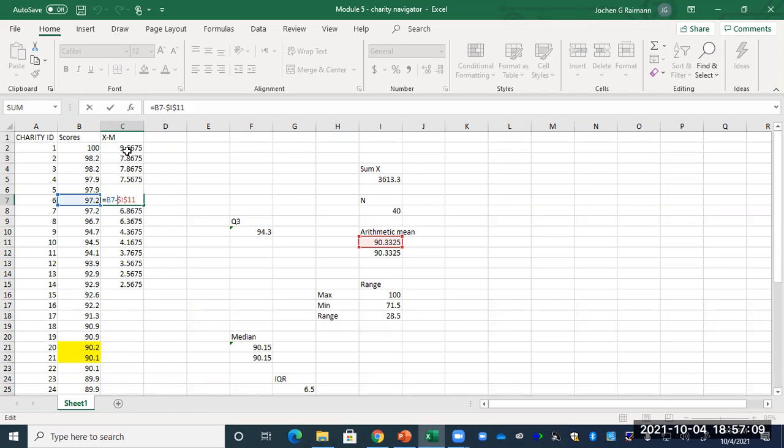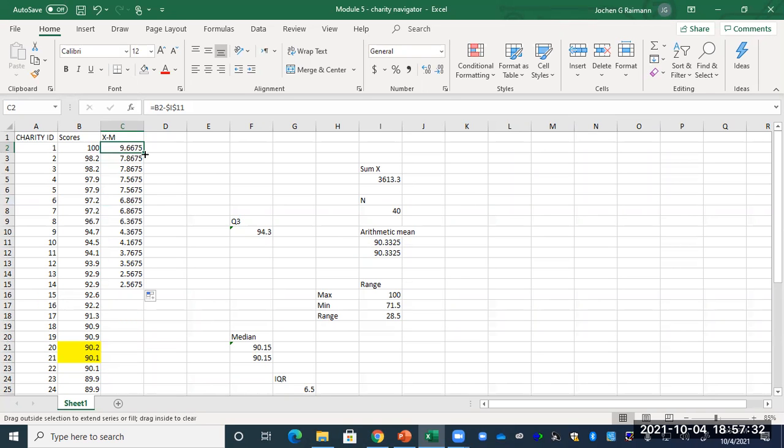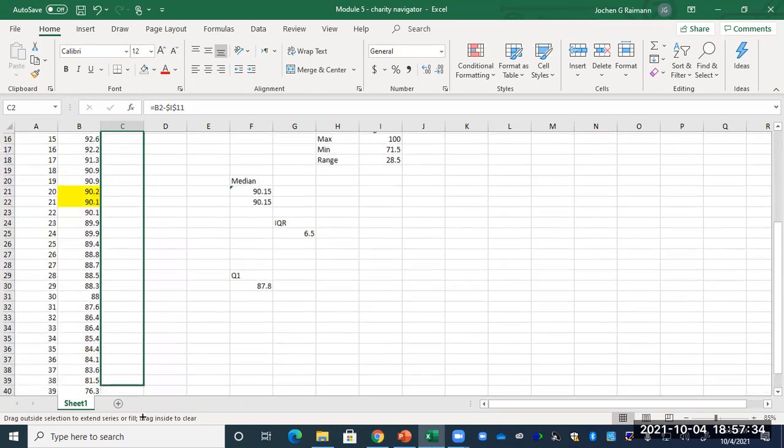Here it was B2, and here it changed to B7. So by pulling it down, it counts forward and goes with the row you're pulling it down, whereas the mean does not change. It will always refer to the same cell. So it really depends on your use case and on what you want to do.